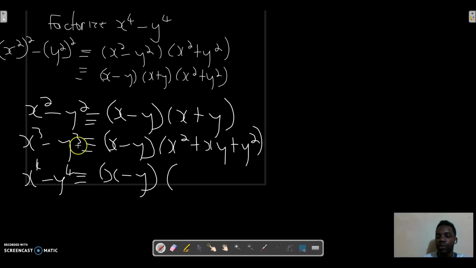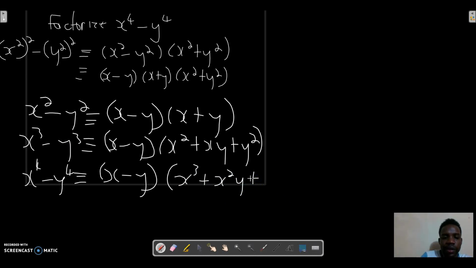Now, notice that 2 is less than the power of the x cubed and y cubed. So what do we think that this is going to be? Alright, we know we're going to start with x cubed. The x cubed is going to count down, and then the y is going to come in. So we move from x cubed to x squared y.